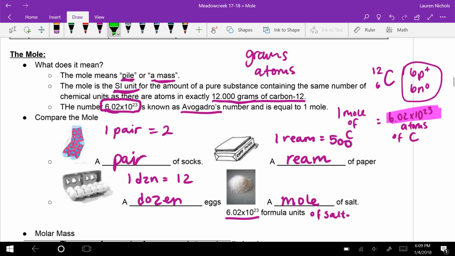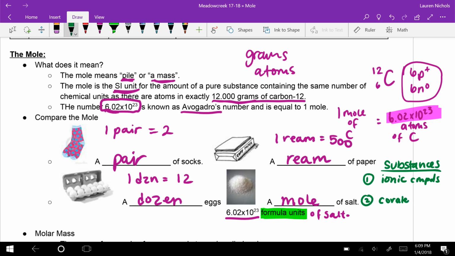Okay, I know you've heard it before, but I do want to go over something really quickly to make sure we all recall this. Now, you can have 3 different types of substances, okay, in chemistry class. You're going to have ionic compounds, and I'm just going to abbreviate the word compounds. You could have covalent compounds, and you could also just have plain old elements, okay?